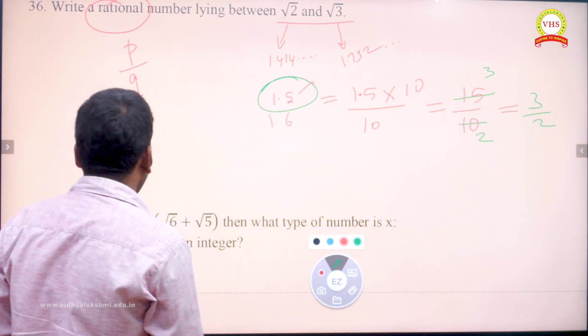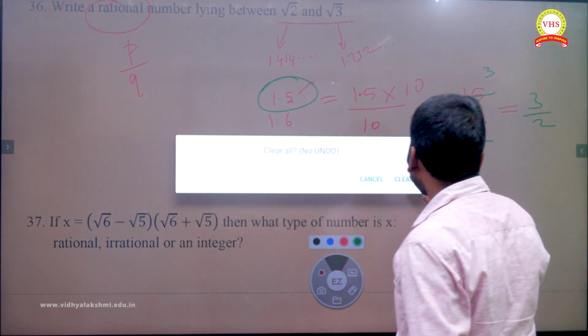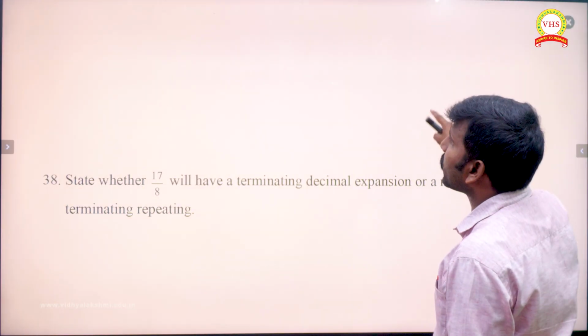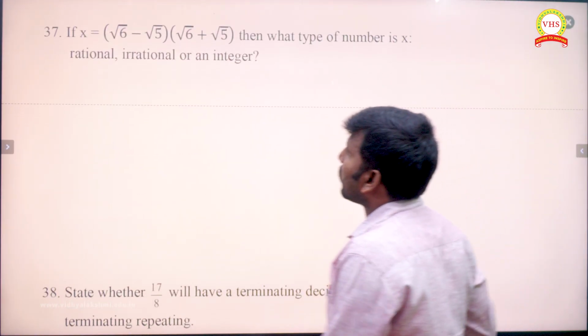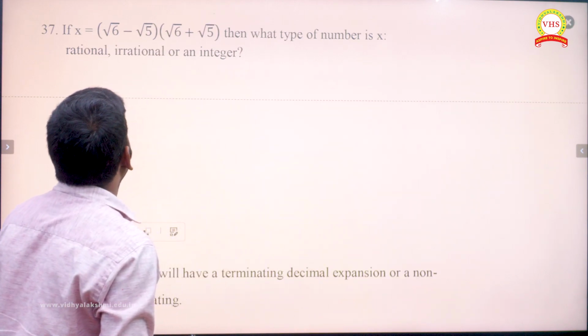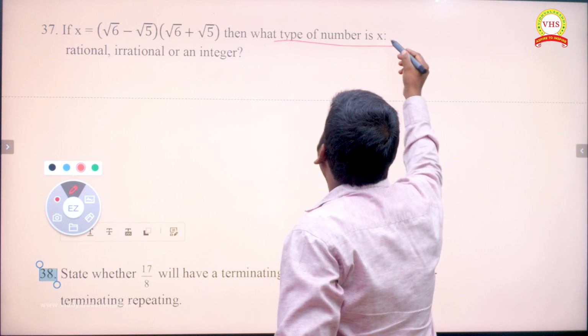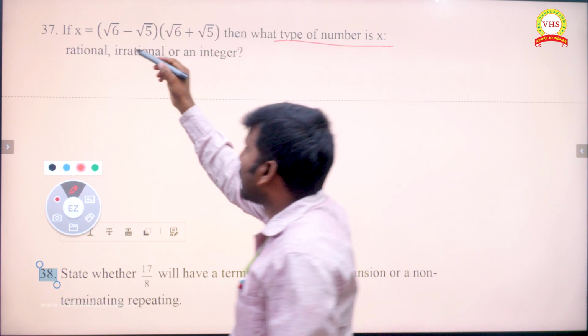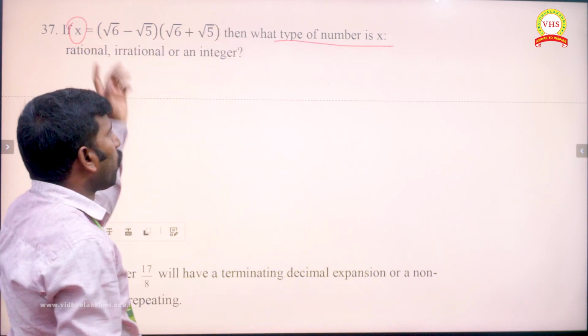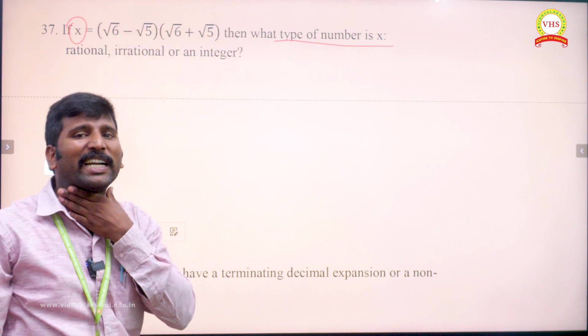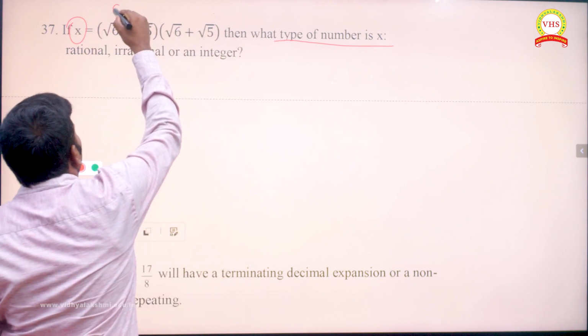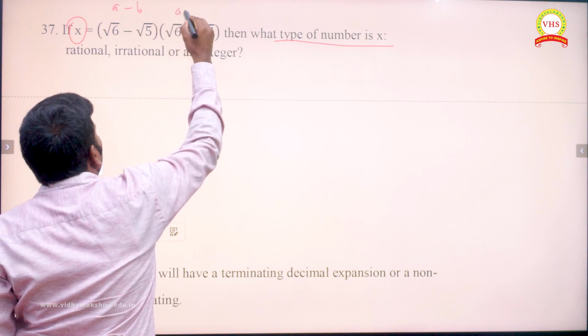Okay. Right. Now I'm going with question number 37. See, if x equal to something they have given, then what type of number will x be? Whole question, what type they are asking. This is like a minus b, this is a plus b.